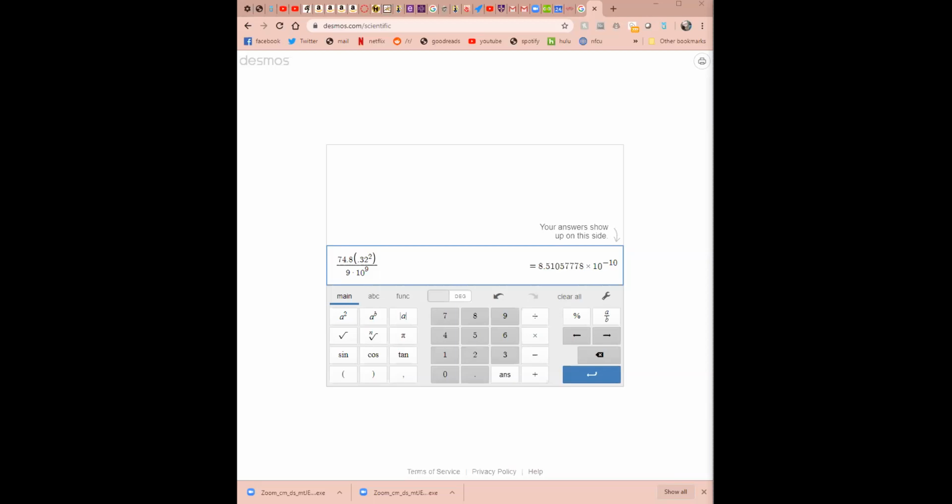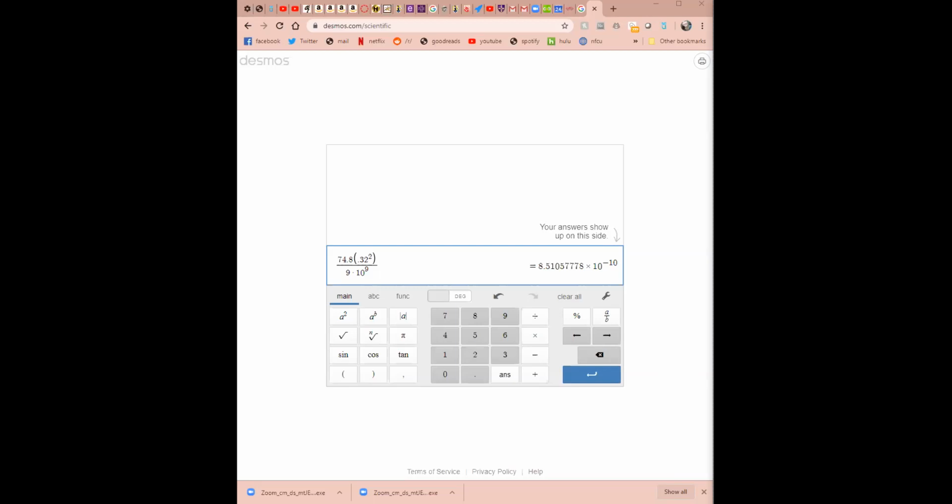So we've got Q1 squared minus Q1 times 6.14 times 10 to the negative 5th, and then that's minus 8.51 times 10 to the negative 10.